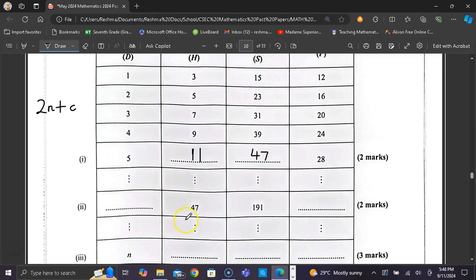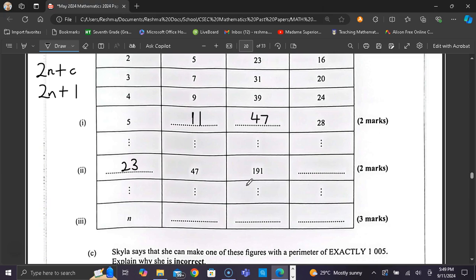So if the number of hexagons is 47, and we've figured out that the rule is 2n plus 1, then for 47 we'll have to do the opposite. We'll have to take away 1 and then divide by 2 to get the diagram number. So 47 take away 1 is 46, divided by 2 is 23.